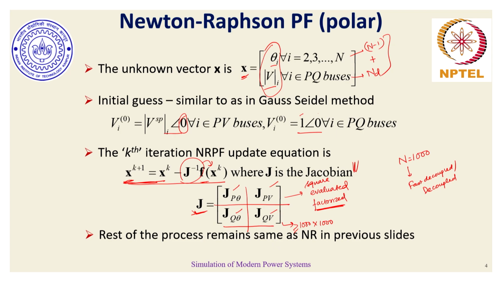Through engineering judgment, they tried to figure out whether there is a way wherein the Jacobian factorization can be completely avoided in every iteration of Newton-Raphson. And through engineering analysis, they were able to achieve so.